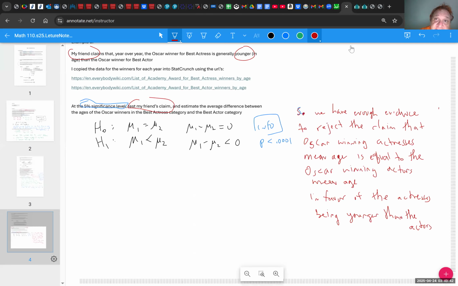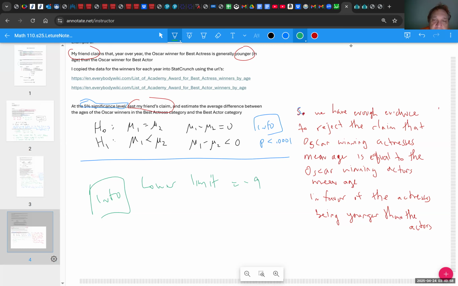And for the confidence interval, I do my little readout here. And I have a lower limit of about negative 9, and my upper limit, I think, was negative 5.